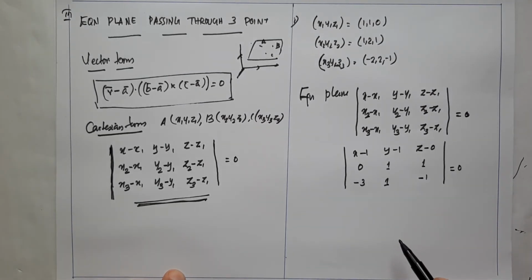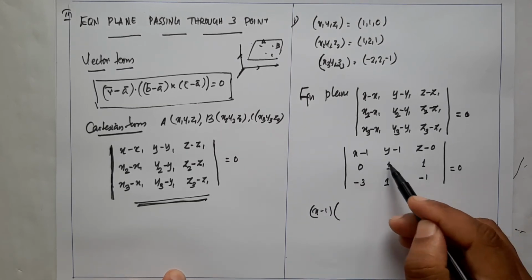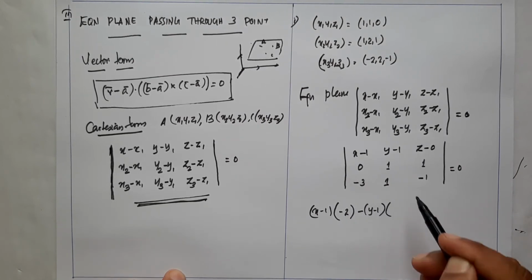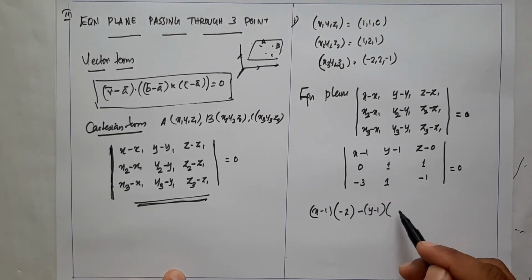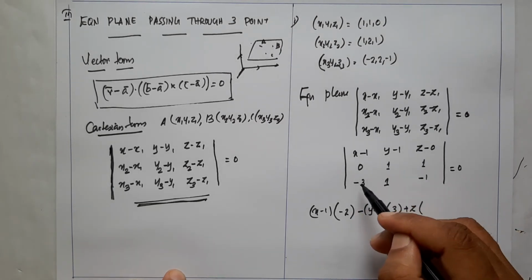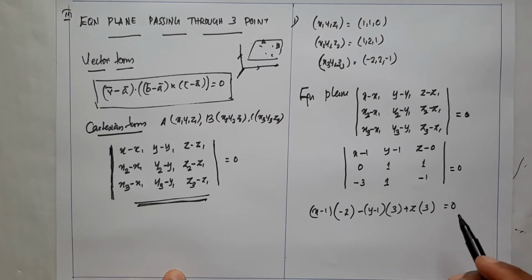Now expand the determinant value, we get x minus 1 into minus 1 is minus 2, minus of y minus 1 into 0 minus 1 minus 3 plus 3, plus z minus 0 into 0 minus 1 minus 3 plus 3, equal to 0.